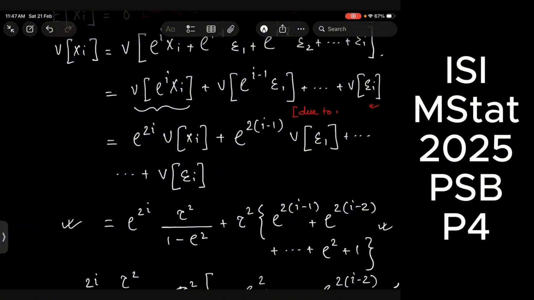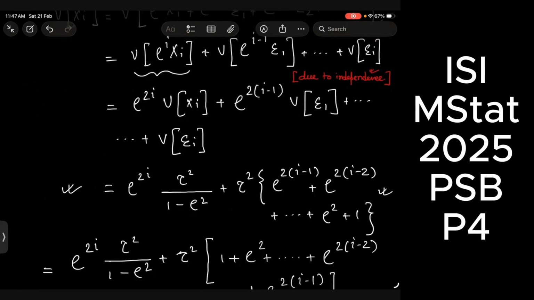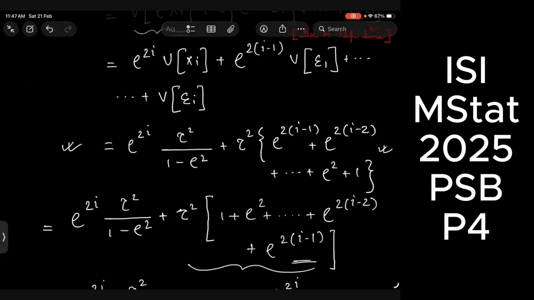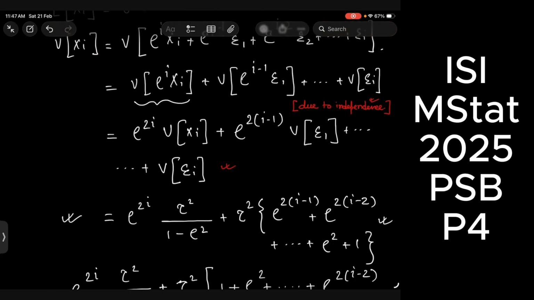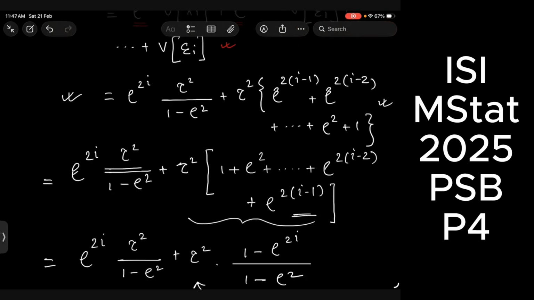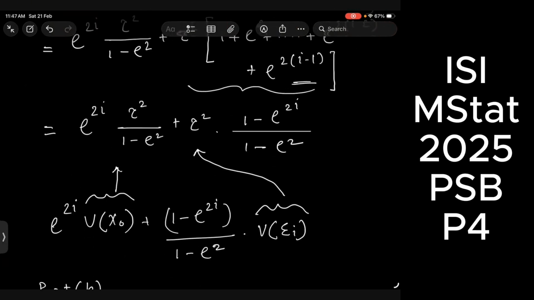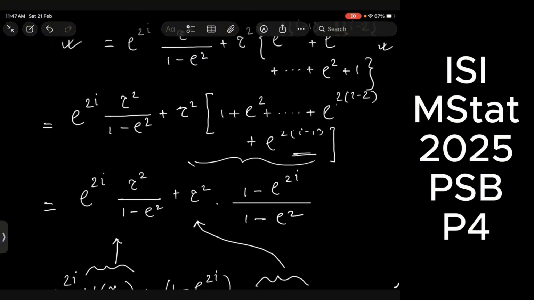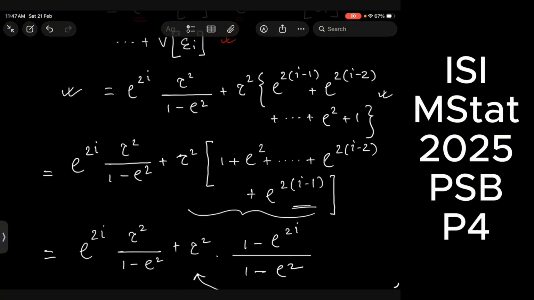So due to independence. Correct? Now the straightforward thing, we have taken out the constant terms like rho outside from each term, right? And then we calculated this. Tell me if you have got it till this point or not.